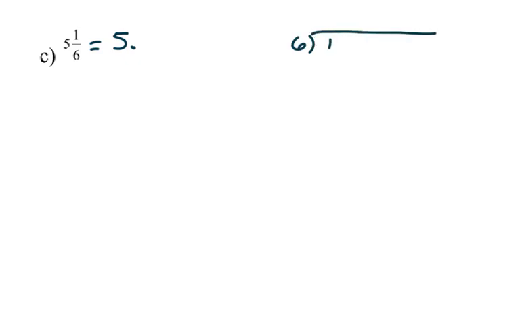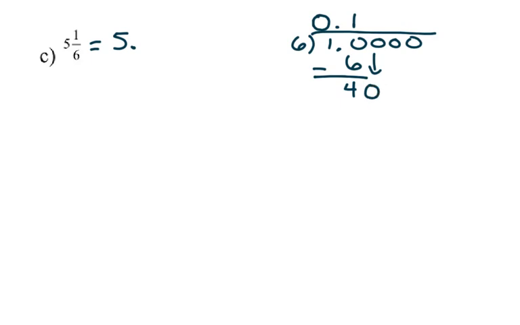And so we have 1 divided by 6. Again, I'm going to start with 4 zeros and see how far that takes us. Line up the decimal places. 1 divided by 6 is 0. 10 divided by 6 is 1. 1 times 6 is 6. And subtract, we have 4 left over.